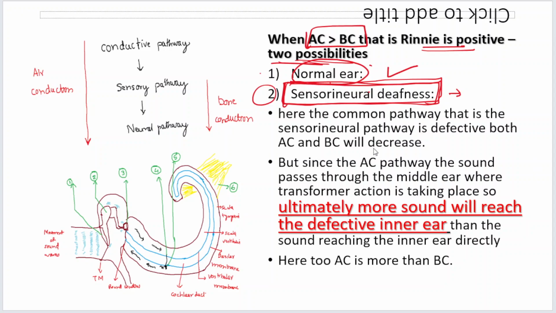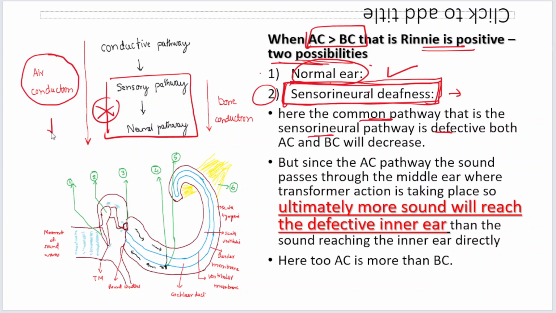Now that is the question. Here the common pathway, that is the sensorineural pathway, is defective. That is, the sensory and neural pathway is defective in sensorineural deafness. Okay. So both air conduction, because it is using the sensorineural pathway, is going to decrease, and bone conduction is also using the sensorineural pathway, so it is going to decrease. But in the conductive pathway, what is happening is you have the transformer action of the middle ear.